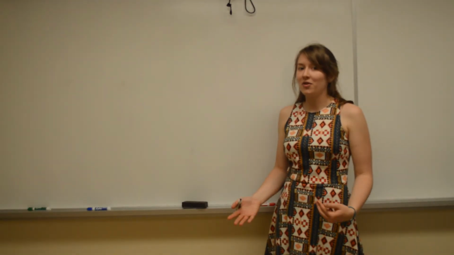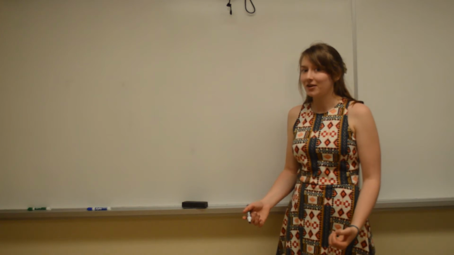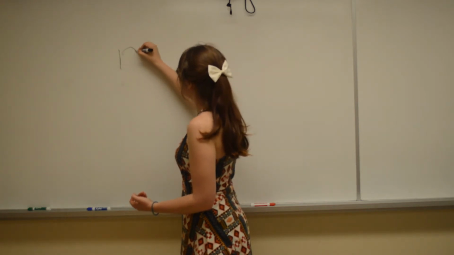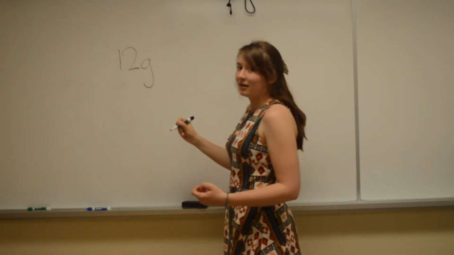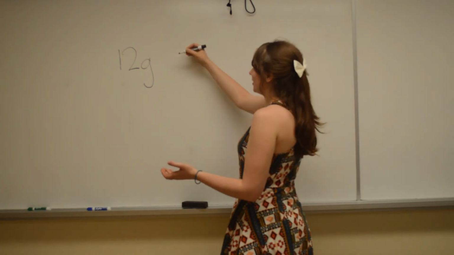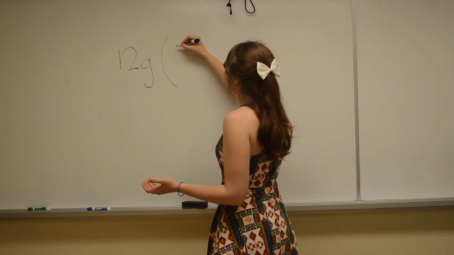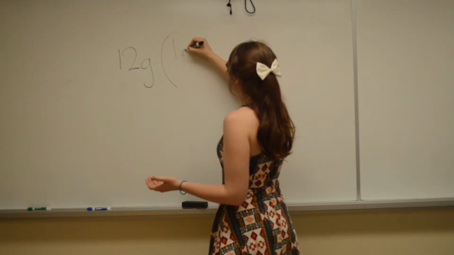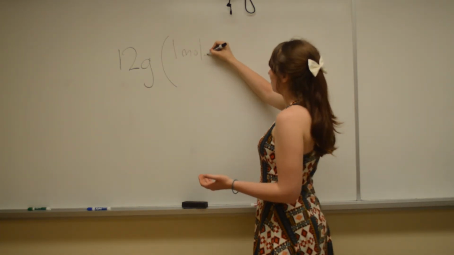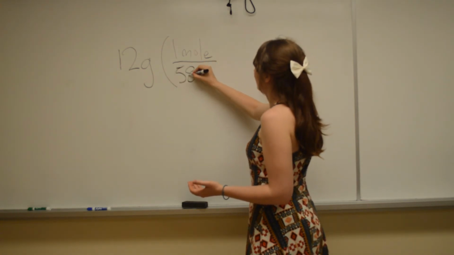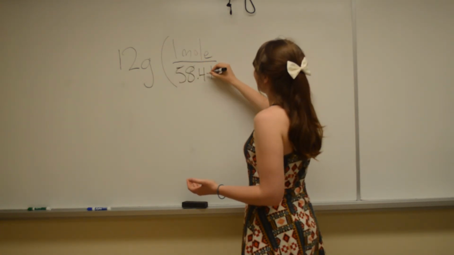Okay, we can also go the other way by flipping the conversion factor. So let's say we have 12 grams of sodium chloride. To figure out how many moles we have, we can use the conversion factor in reverse. So we have 1 mole per 58.44 grams.